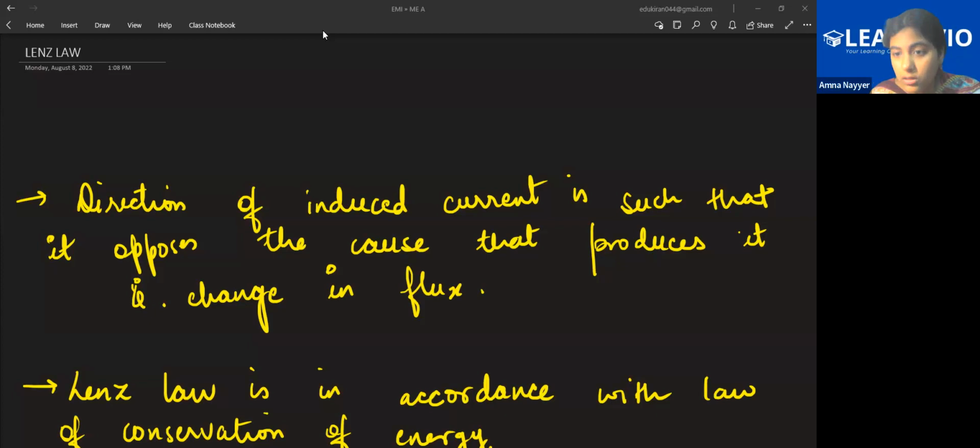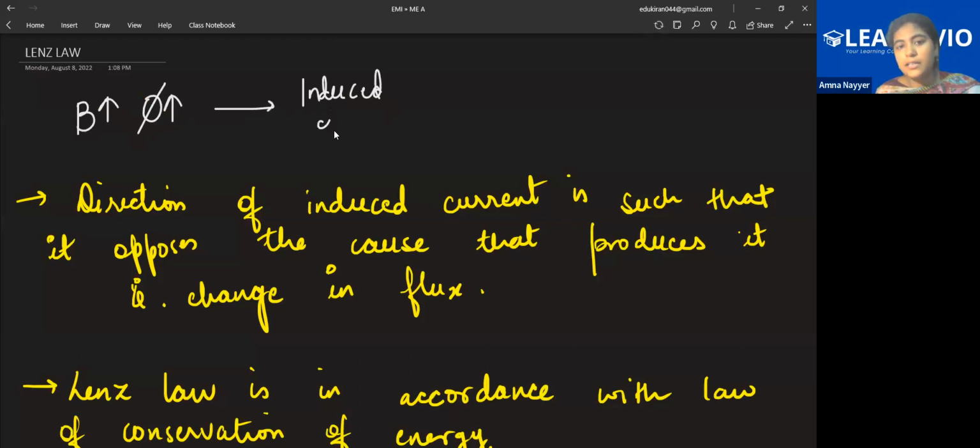Oppose that cause. Suppose, let's say, magnetic field lines are increasing, therefore magnetic flux is increasing, and this is producing an induced current. Correct? This is a case.